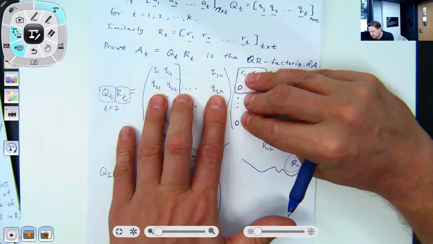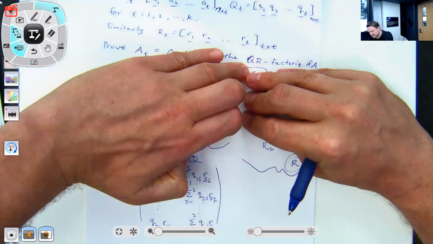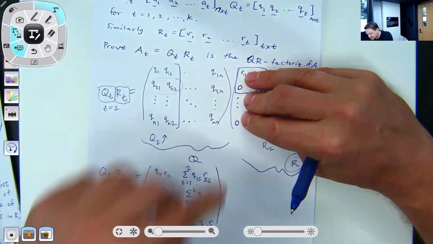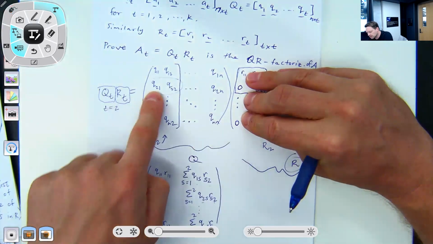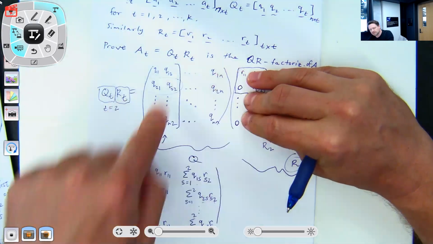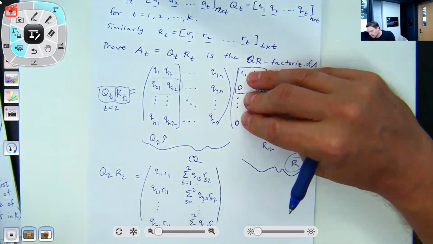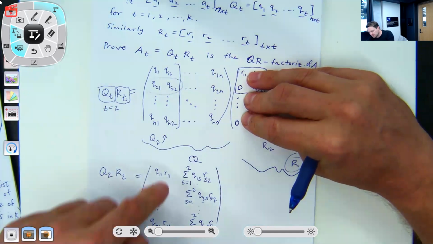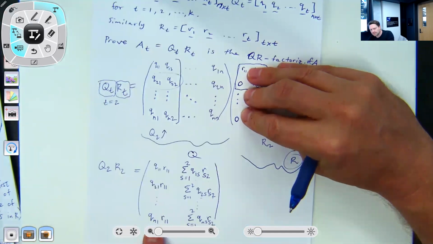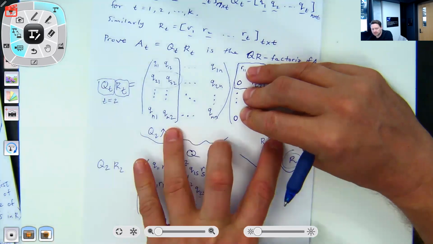Second row times this first column gives us the entry below. And again, because of all these zeros, we have Q21, R11. And so that's the same as this, right? And so on. So we have the same entries here in this first column when we multiply the whole thing.